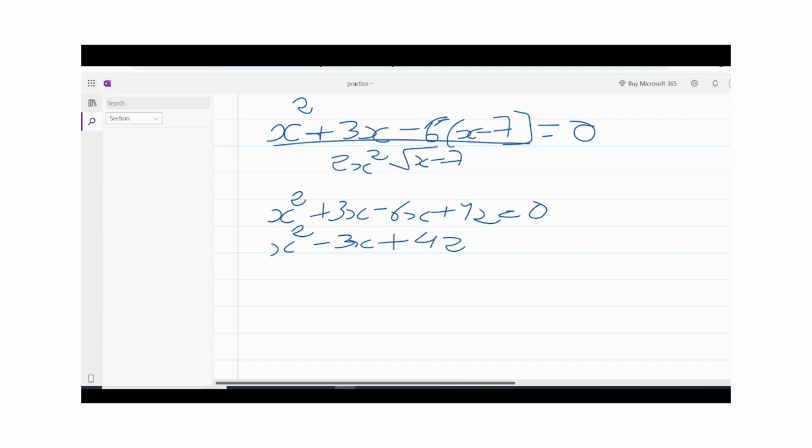So for whatever x you choose, x square is a positive number. Coefficient of x square is always positive in this case.